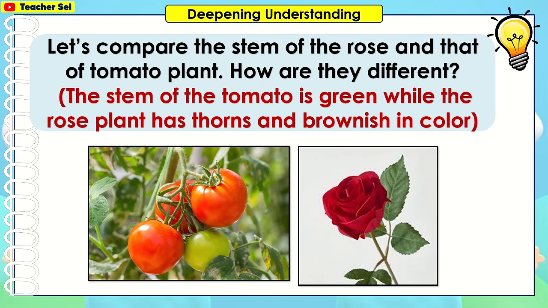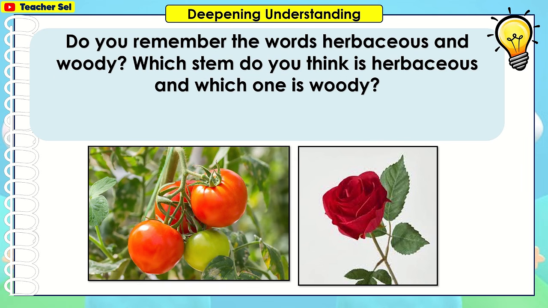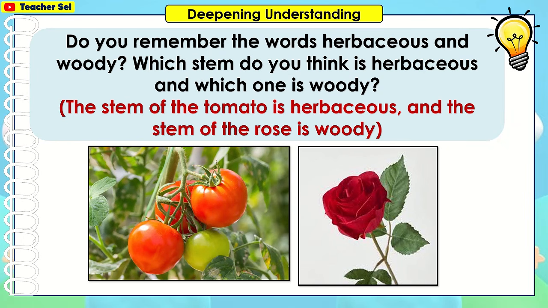The stem of the tomato is green, while the other rose plant has thorns and brownish in color. Do you remember the words herbaceous and woody? Which stem do you think is herbaceous and which one is woody? The stem of the tomato is herbaceous and the stem of the rose is woody.